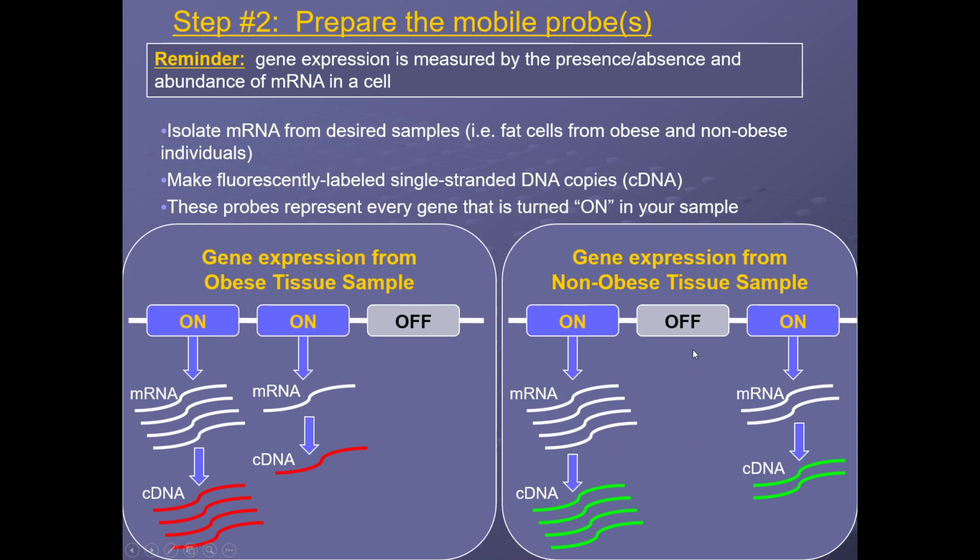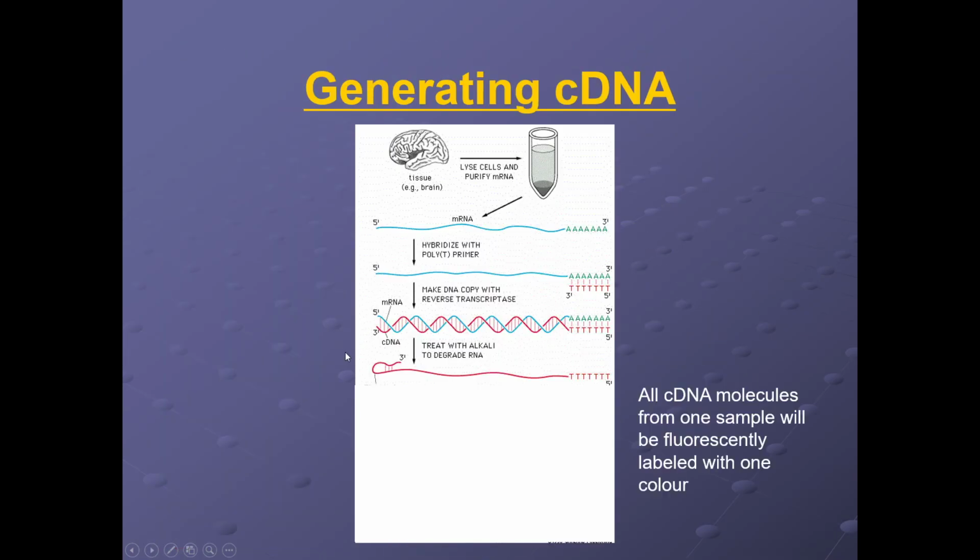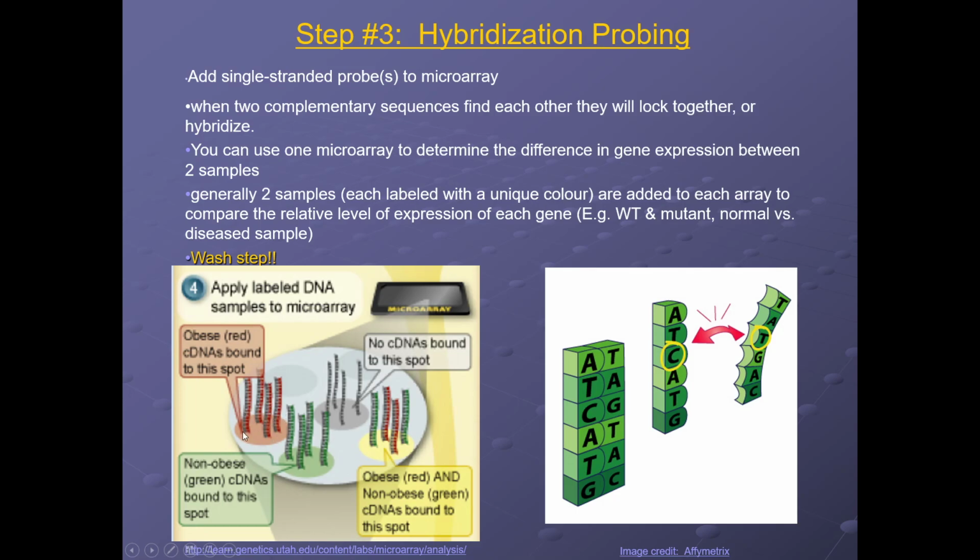Nothing was created here. So if that's our gene number 1, then if you look at this spot here, only red labeled cDNA molecules will be present in the solution, and therefore only red labeled molecules will anneal to the gene sequence that was synthesized here.